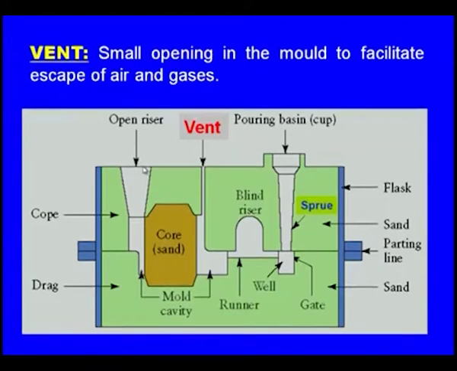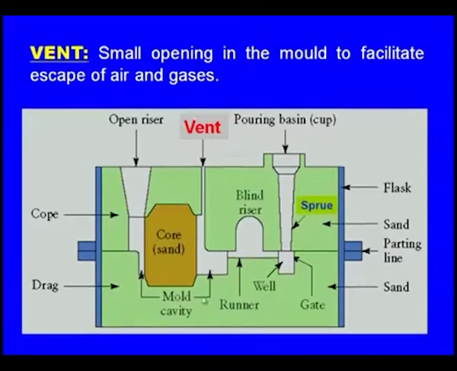Before the molten metal has filled this riser, the steam and the other gases used to escape through the riser. Afterwards, they can't escape. Then what to do? If they can't escape, they will be occupying inside the mould cavity and later they will lead to defects. So somehow we have to make a provision so that these hot gases and steam escape from the mould to minimize the defects.